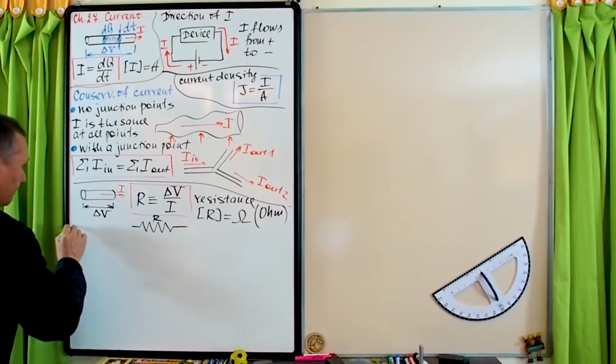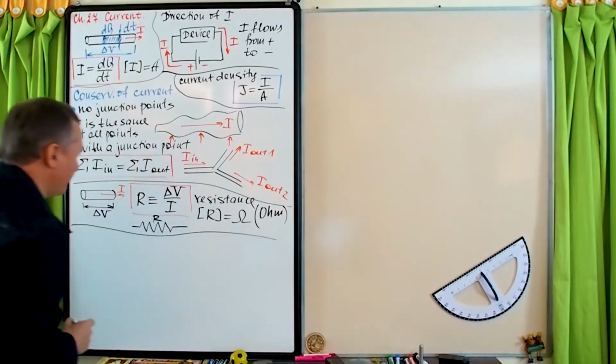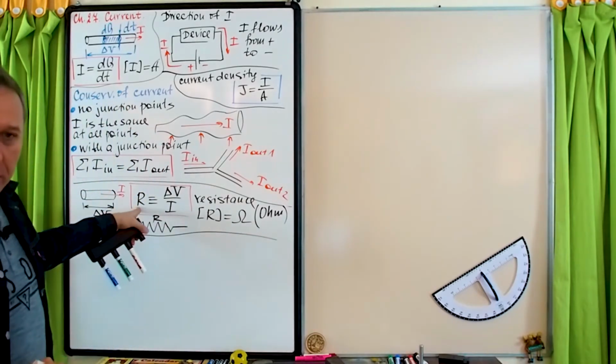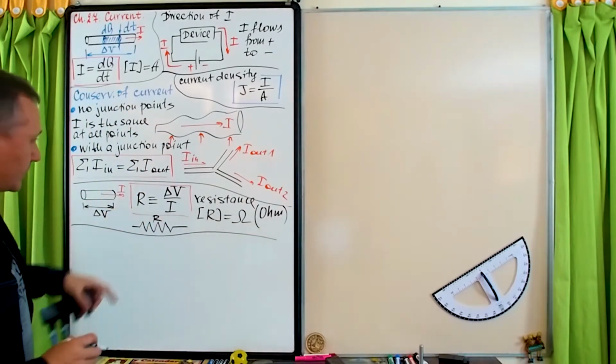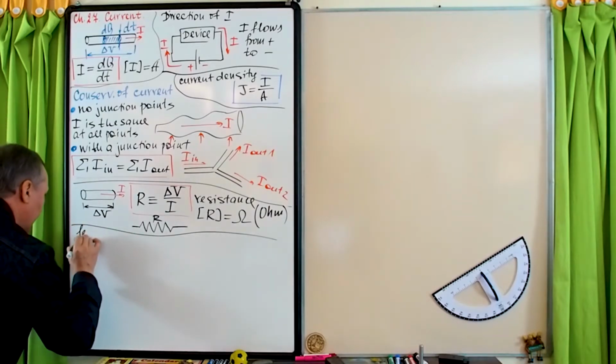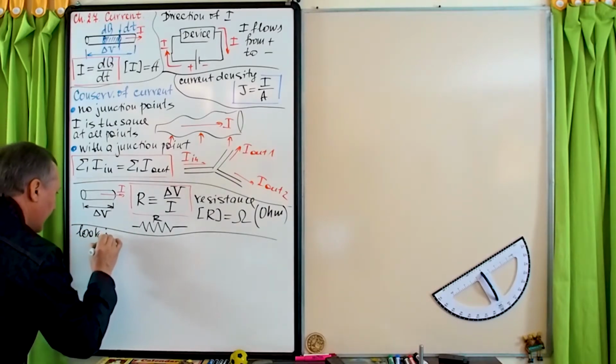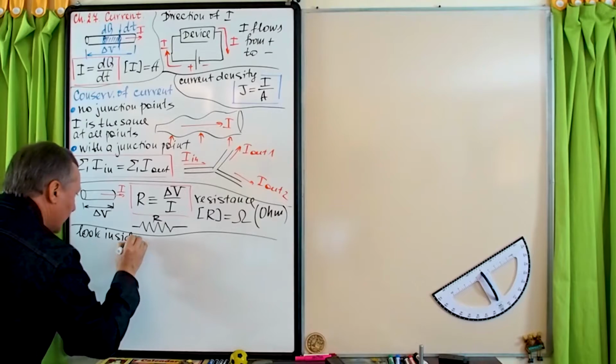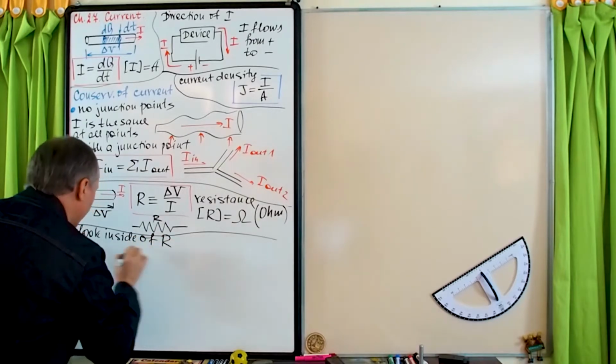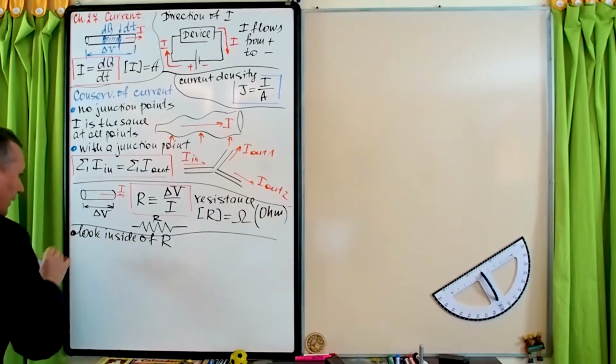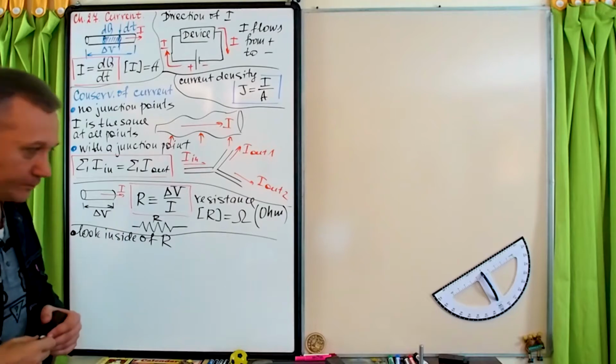Okay, I mentioned this, yeah. So now, next, let's look inside of this resistance, right? Look inside of R. So let's look inside of R, and I will put a new bullet.